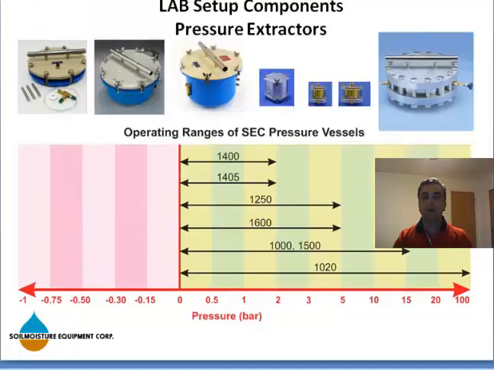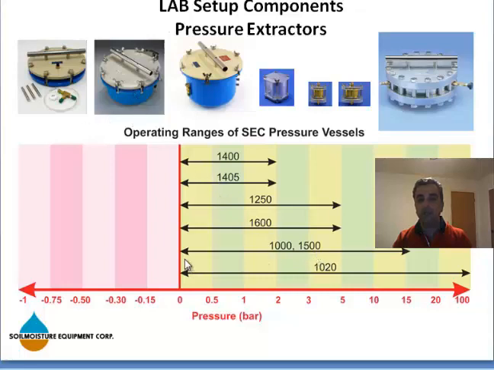This part of the presentation is going over our pressure extractors. I have collected all the extractors that we have available here for you, with the range of application. Let me start from left to right. Extractor 1000, and this guy is 1500.